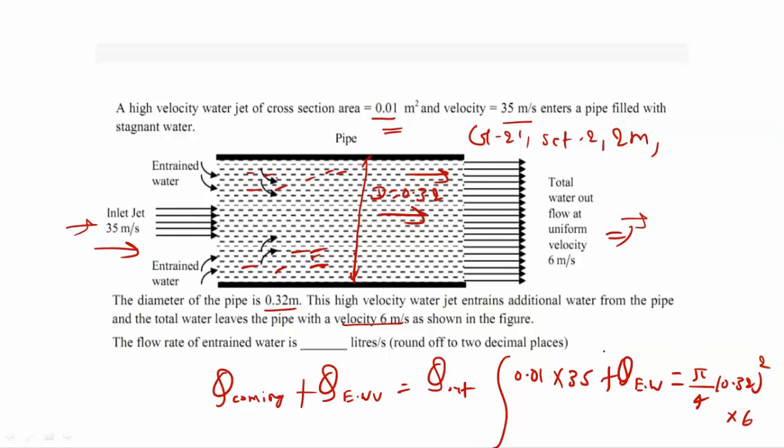By solving this, we will get the Q entrained water, or discharge, and this value comes out to be 0.13255 meter cube per second. What will be its unit? Meter cube per second. Are you getting this point?